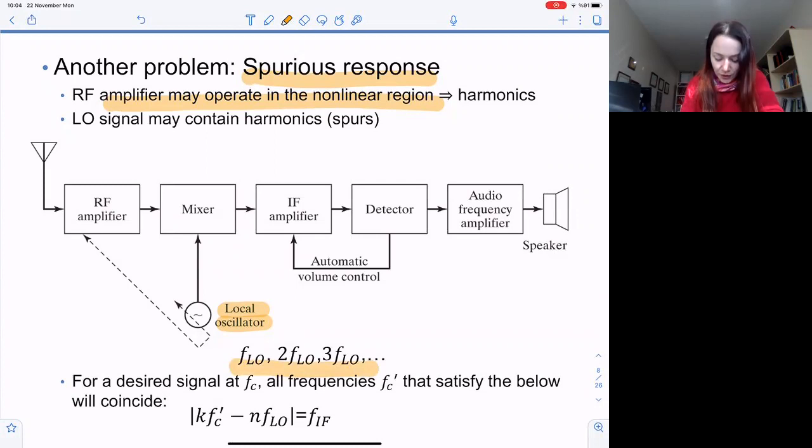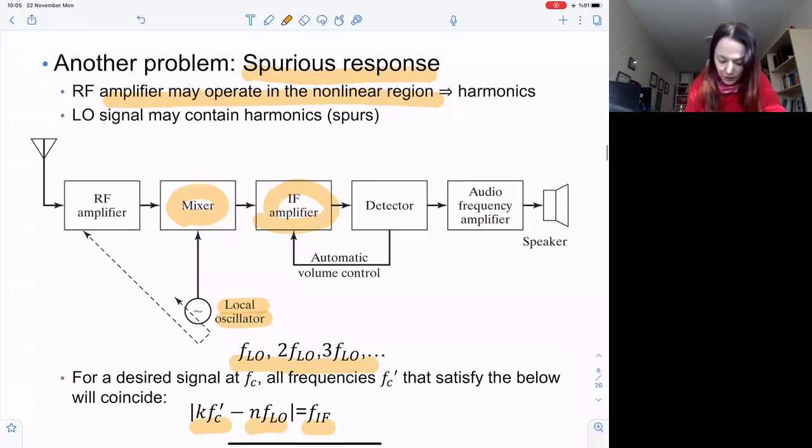So if FLO, 2FLO, 3FLO, etc. are present, notice what happens after the mixing and the IF filtering: any multiple of FLO that satisfies this difference to be FIF is going to get admitted into the detector.